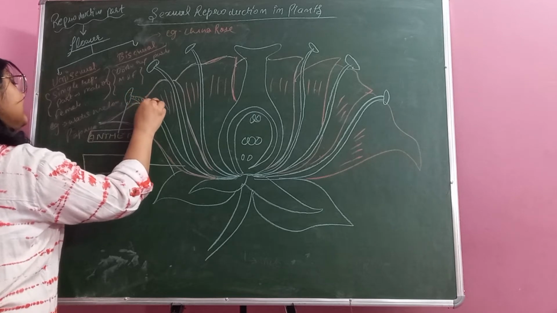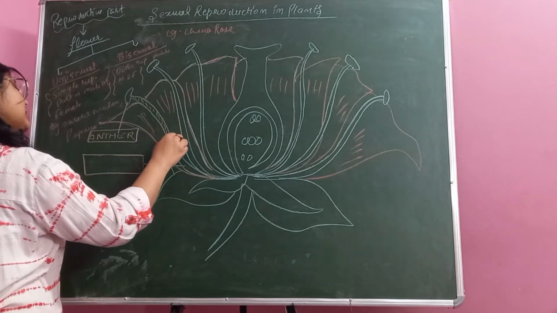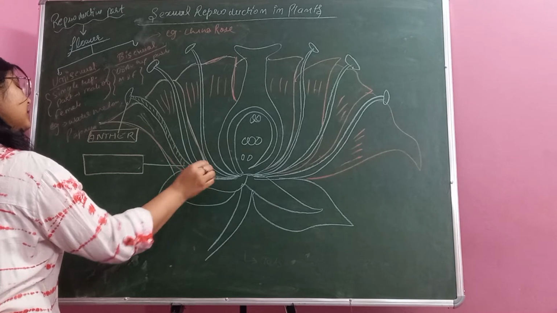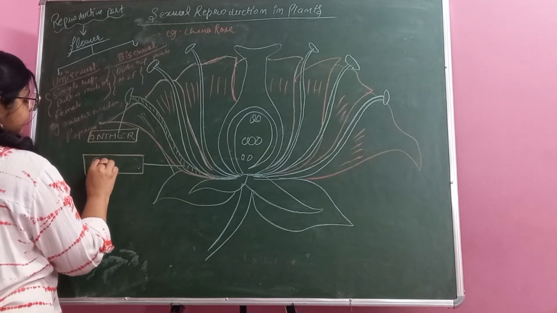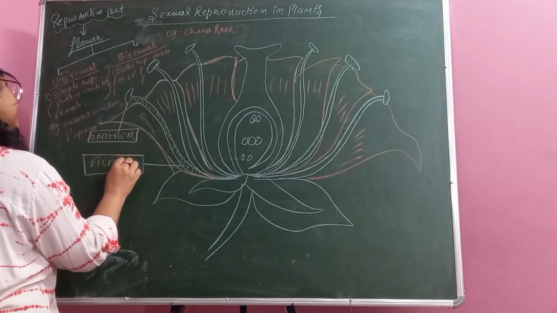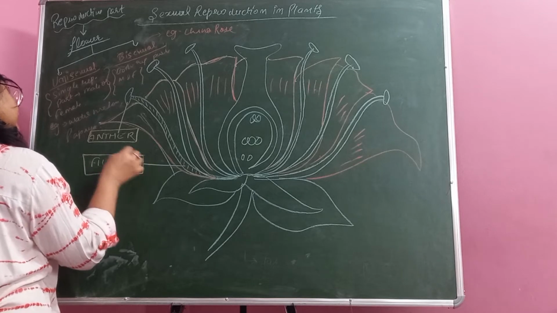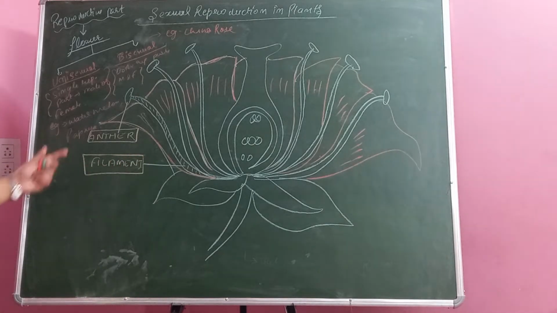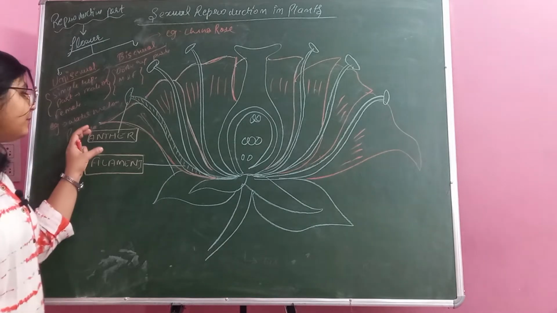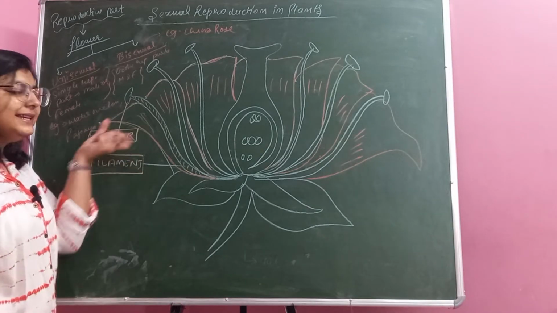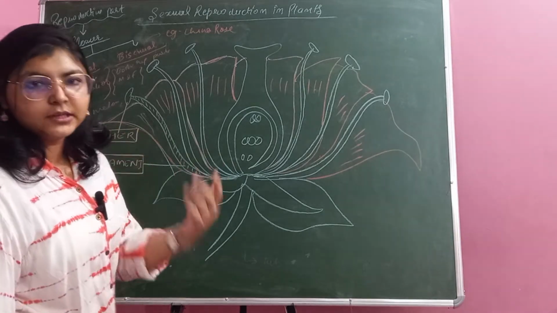I can shade this stem so that it will be much more clear to you. As you can see, this is filament. Anther and filament, these two parts are combinedly forming the male reproductive parts.